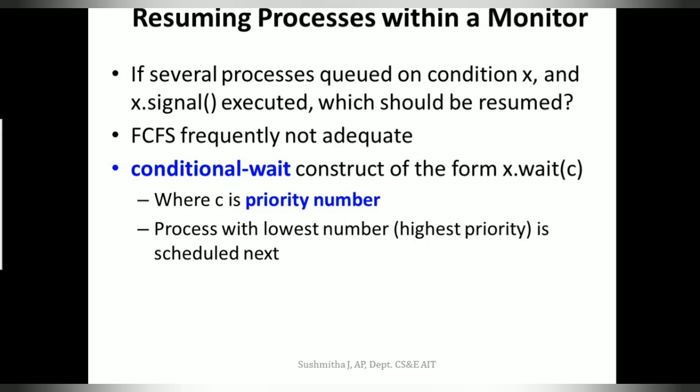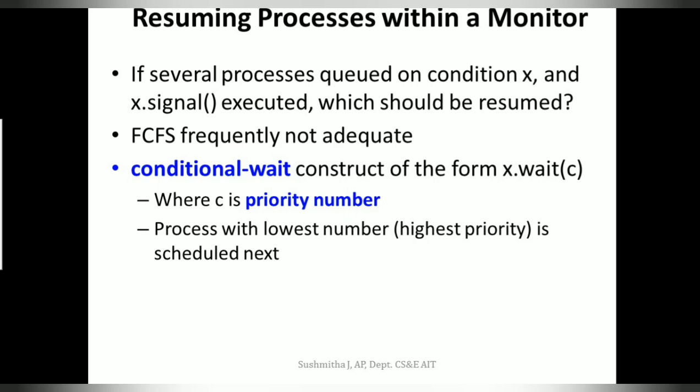For example, I have processes P1 to P5 and I say process P3 is in execution, whereas processes P1, P2, P4, P5 are suspended. Now after the completion of the execution of process P3, which among the four processes should be resumed?